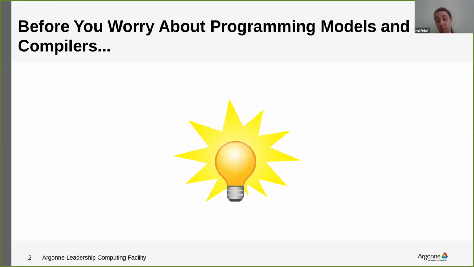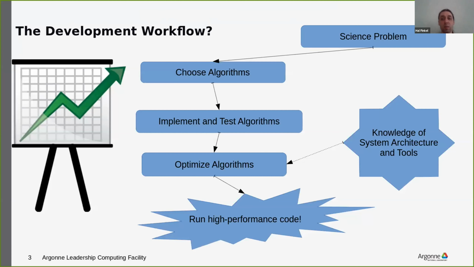When we talk about designing applications for modern HPC systems, the first thing I like to say is it's very important to have in mind the correct kind of development workflow that you're going to follow. The traditional idea of how you develop scientific applications for HPC is often something like this. This is the cartoon that people have in mind.